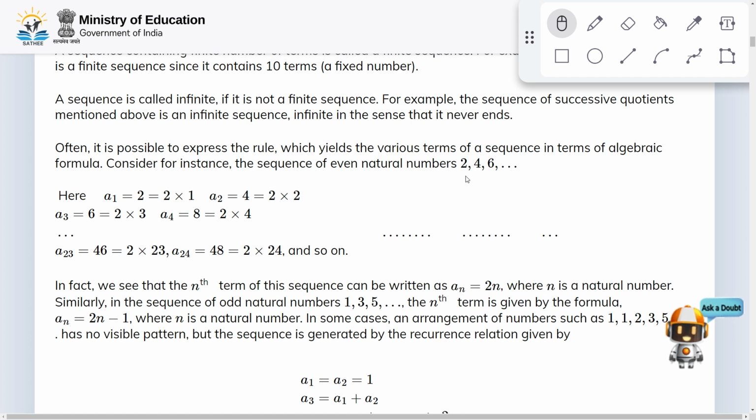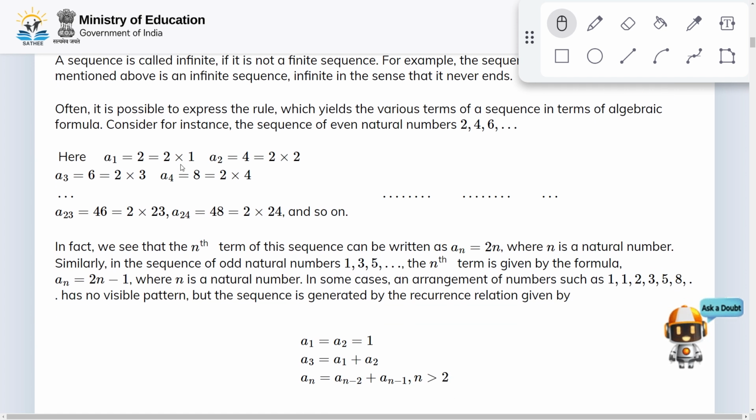For example, here the first term can be rewritten as 2 multiplied by 1, second as 2 multiplied by 2, third as 2 multiplied by 3, fourth as 2 multiplied by 4, and so on. Using the pattern, you can answer that the term at the 23rd position will be 2 multiplied by 23, meaning 46.